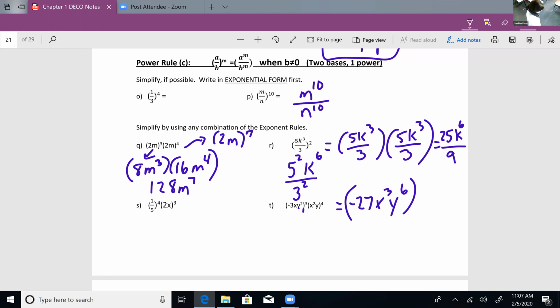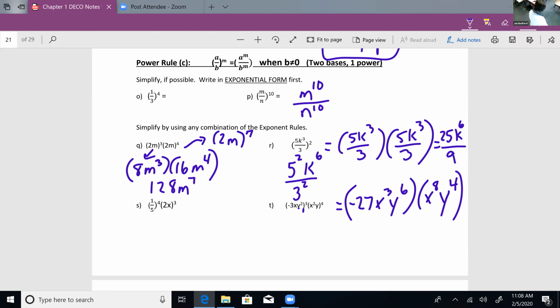What does the second parentheses become? X to the 8th, y to the 4th. Okay, now, do I have anything else I can clean up now that I've gotten this far? I've got some bases that are the same that are being multiplied together.